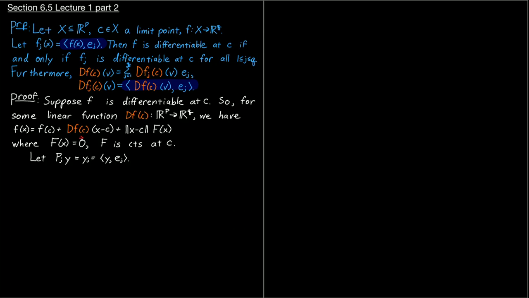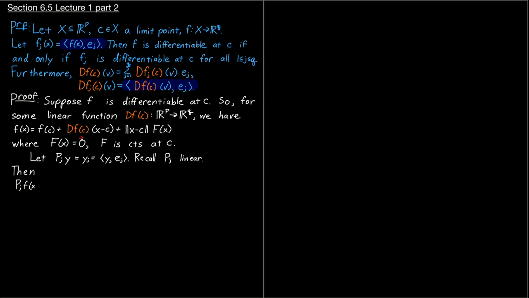And recall from the proof of the last proposition that Pj is linear. Then, if we take Pj of both sides, because Pj is linear, we can break it up.